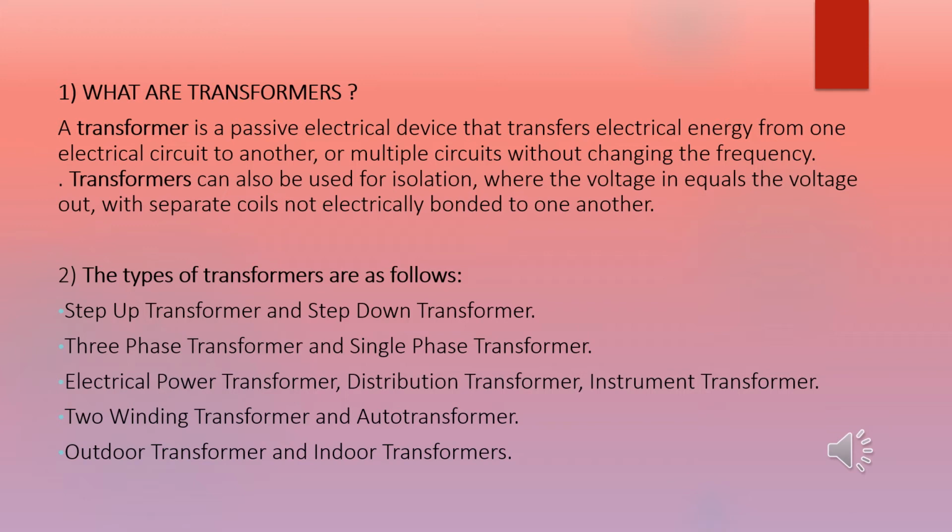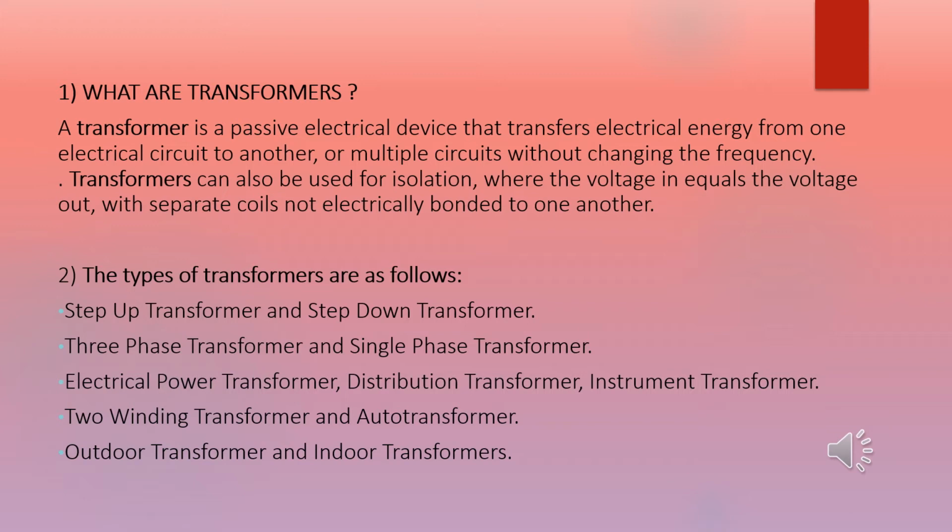Third type is electrical power transformer, distribution transformer, and instrument transformer. Electrical power transformers are used in power transmission. Distribution transformer is used as a distributor in electricity. Instrument transformers are used in various instruments.